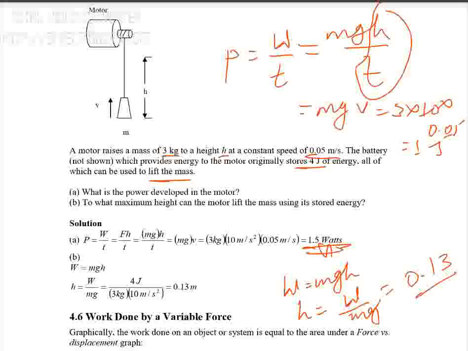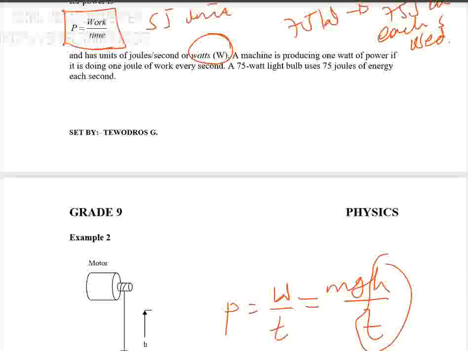But this is the height which is lifted by using this much energy. The height is unknown, and we are asked to determine the maximum height. Therefore, by using this 4 joules of energy, it lifts 0.13 meter of height.